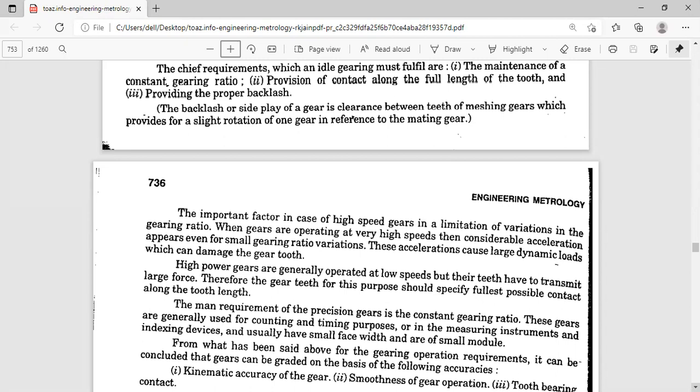I have another 5 minutes, so I'll wind up before 2 minutes. As far as these gears are concerned, when they're operating at high speeds, considerable acceleration will be there for the small gearing ratio, but you have to maintain a constant gearing ratio. That's why these accelerations will be disturbing.